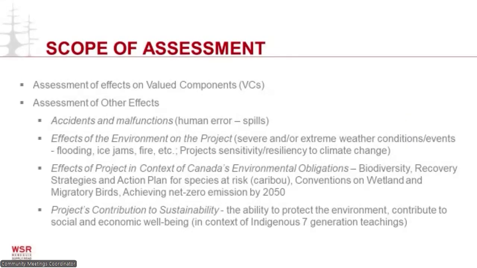As we have mentioned before, valued components or VCs are what has been identified by community members, the general public, and technical experts as required for study in the environmental assessment or impact assessment. In part 1, we looked at the project's effect on some select valued components. Today, in part 2, we are looking at the project's effect on some other select VCs and other effects such as accidents or spills.